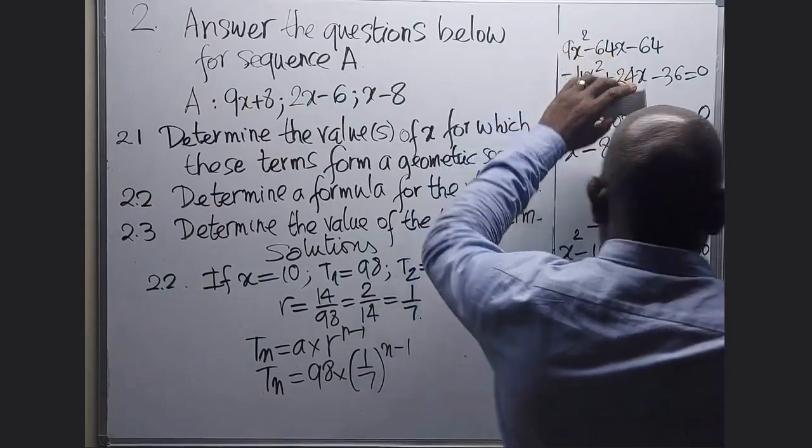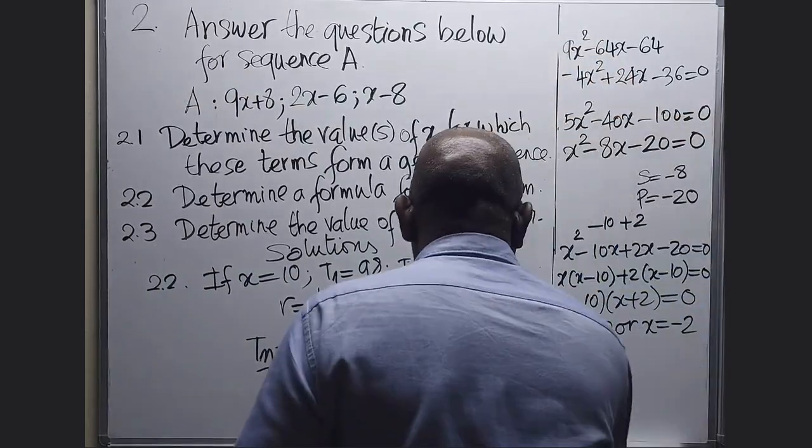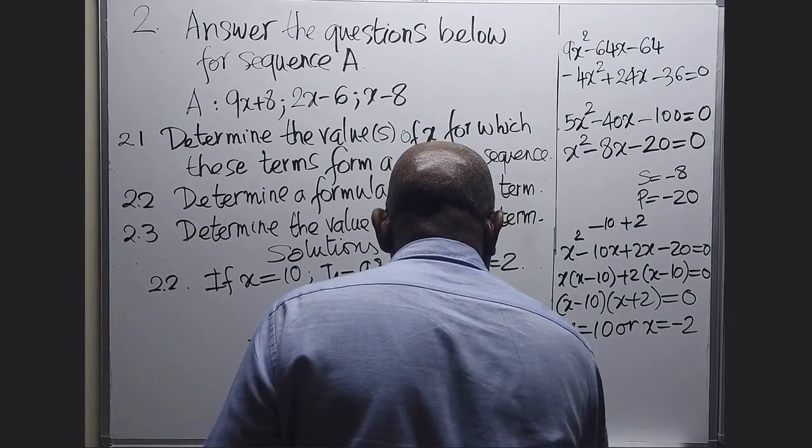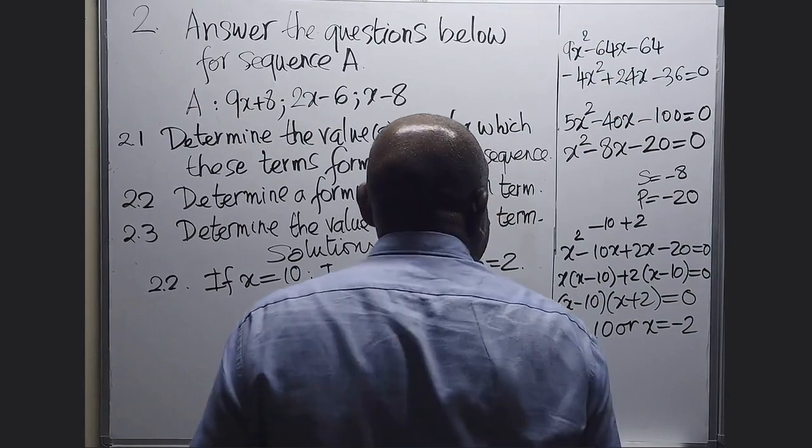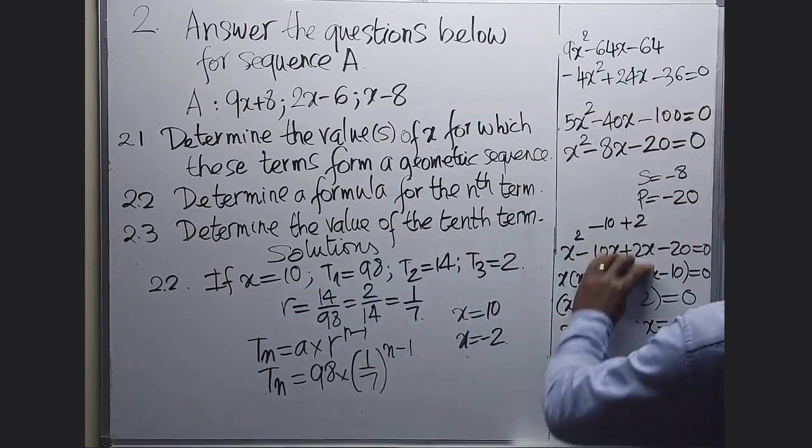We will clean the board here, considering that our first x was 10 and our second value is x is equal to negative 2.